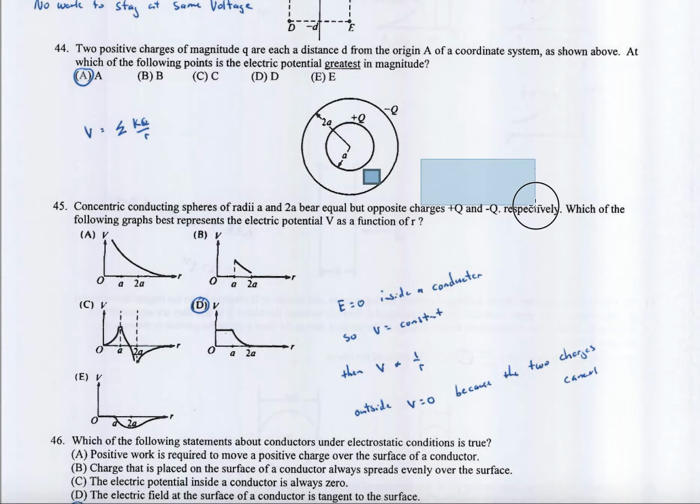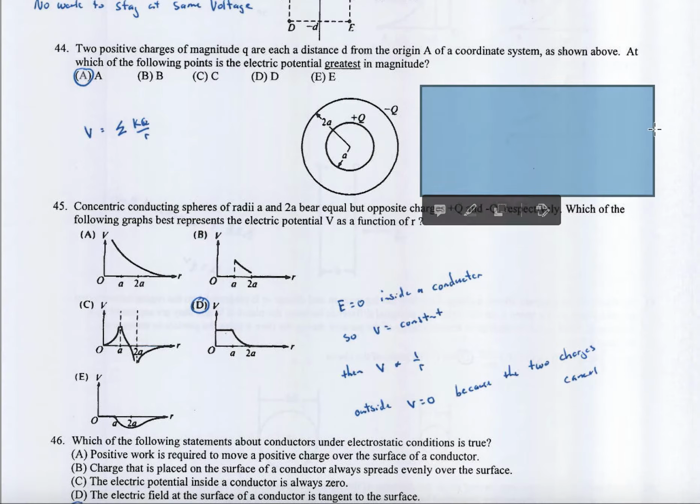And then when you get outside, well, there's no E field out here, so there's not going to be a change in voltage. Which also means that the voltage is 0, because there's no E field anywhere out here. If you started with a voltage at infinity and went all the way to there, there'd be no E field, so there would be no accumulation and you'd get a voltage of 0.